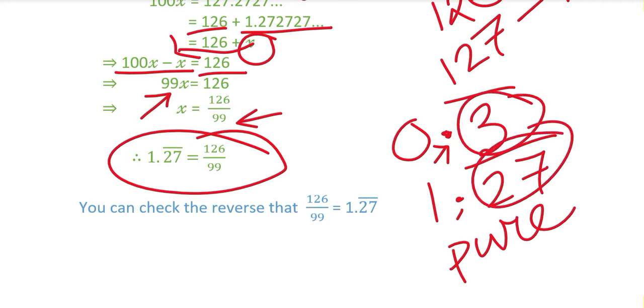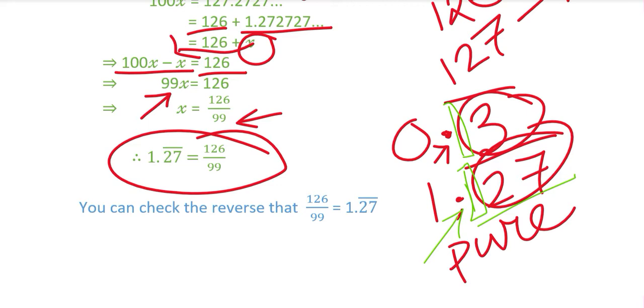We don't have any digits before the recurring block. At this place we don't have any digits, right? So since just after the decimal the recurring block starts, it is called a pure recurring decimal.